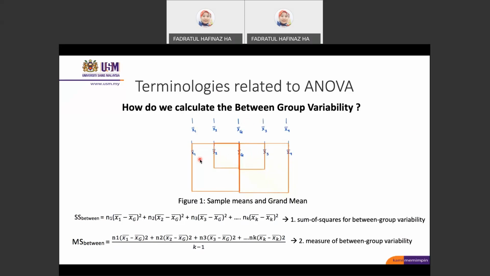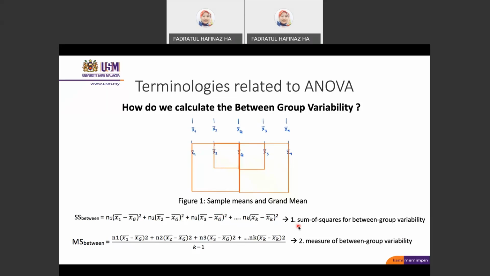In other words, a deviation is given greater weight if it's from a larger sample. Hence, we'll multiply each square deviation by each sample size and add them up. This is called the sum of squares between group variability, SS between. Here, formula number 1.